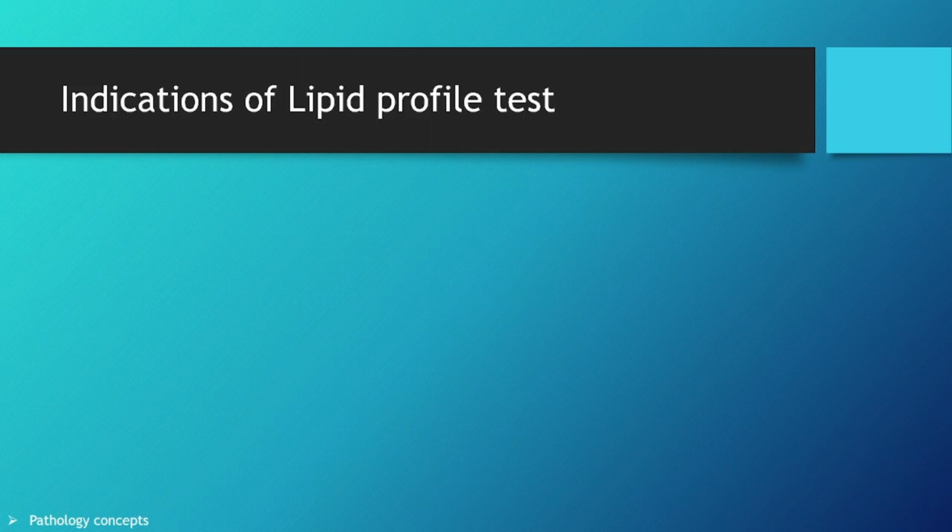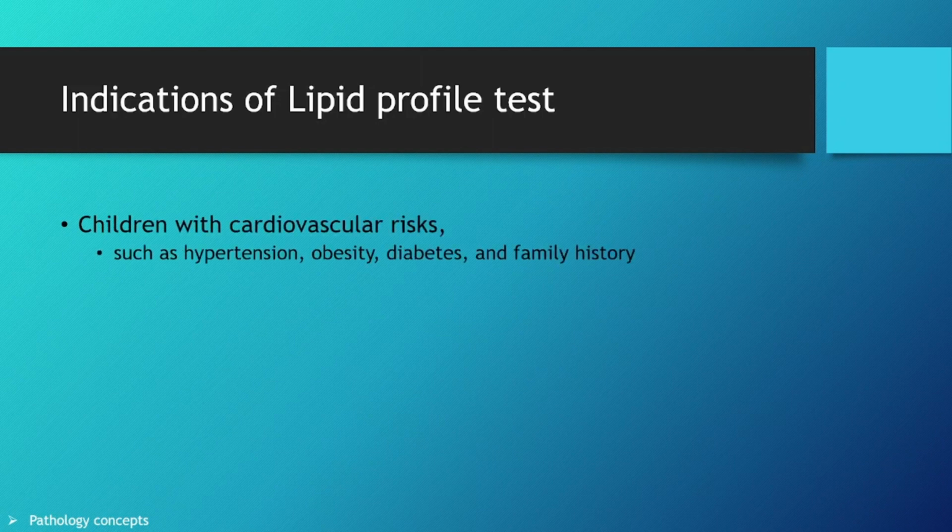Now let's see what are the indications of lipid profile tests. A lipid profile test is indicated in children with cardiovascular risk, like children with hypertension, obesity, diabetes and family history.